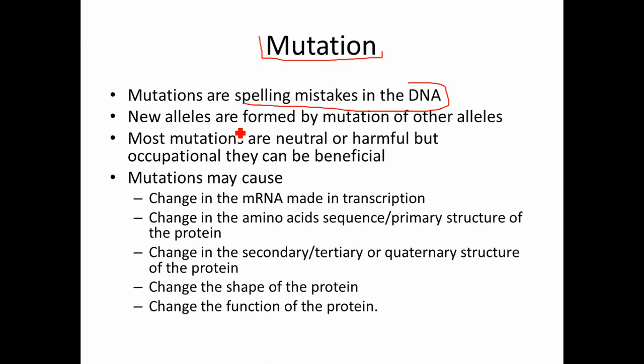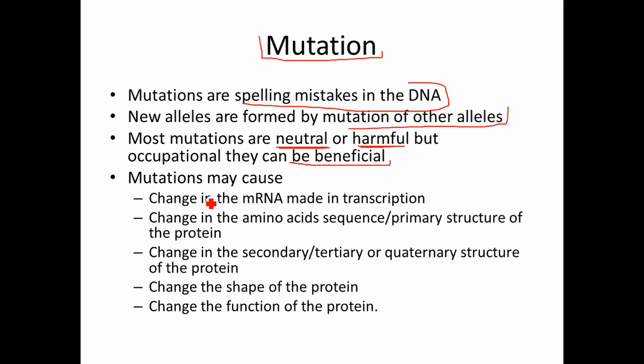So new alleles are formed by mutation of other alleles or genes that already exist. Most mutations are neutral, meaning there is no noticeable effect, or harmful, but occasionally they can be beneficial.